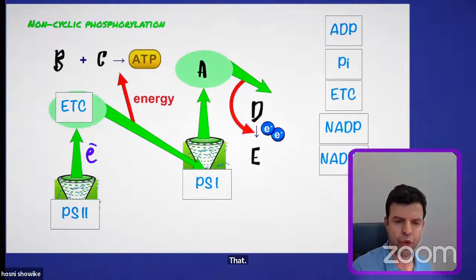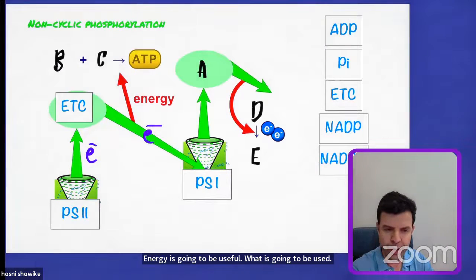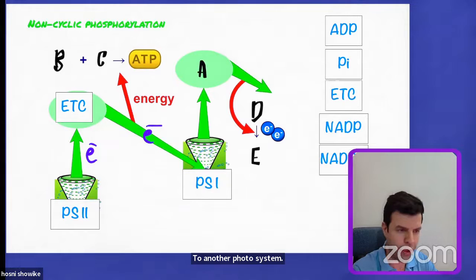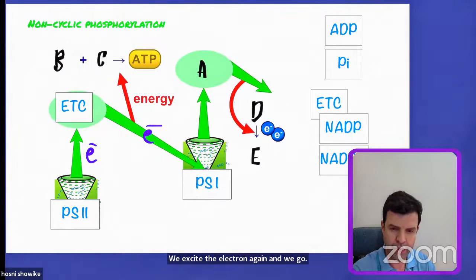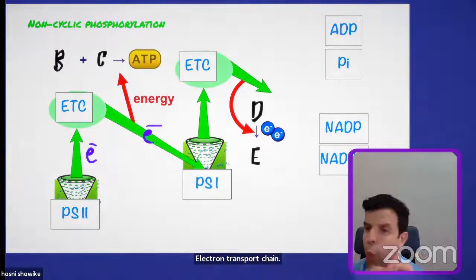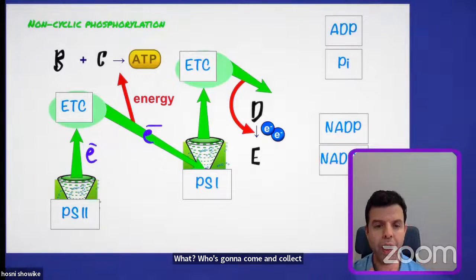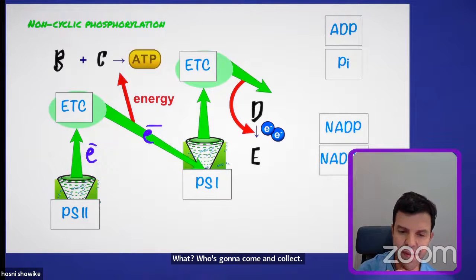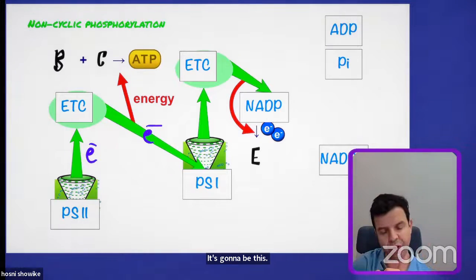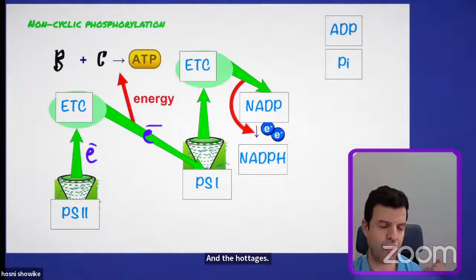It's going to be used to pass these electrons to another photosystem. We excite the electron again, and we go to another electron transport chain. Next, who's going to come and collect all of my electrons? It's going to be this. The NADP takes these electrons and the hydrogens and forms NADPH.